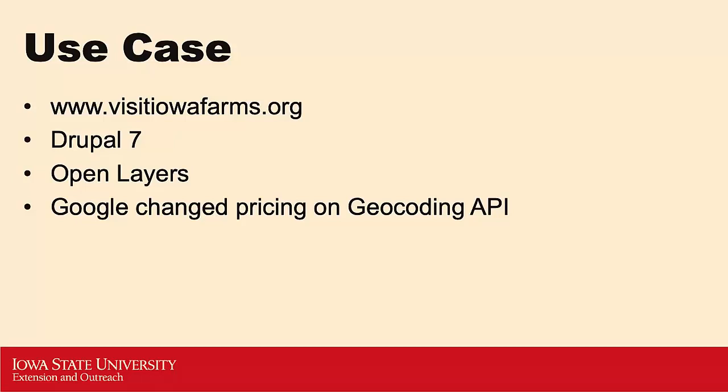And of course, being a student, she left and moved on to bigger and better things. And about 1.5 years ago, Google changed the way that they do pricing for their geocoding, and required you to have an API key in order to use a lot of their mapping features, and it broke what she had done.